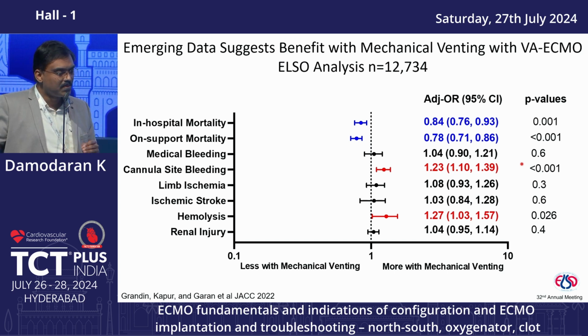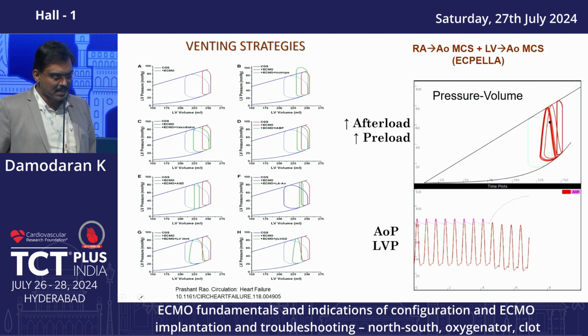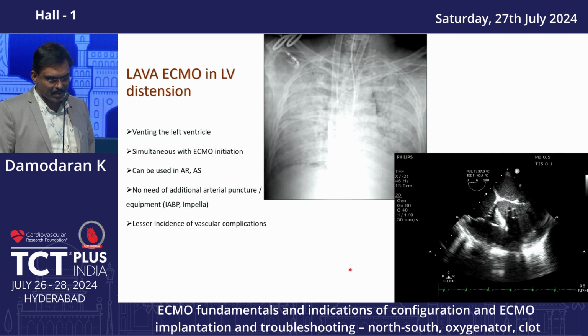And 90% of the venting was done only with IABP because it's real world. So IABP with the 50 cc is still a recommended strategy and depends on the amount of venting you want to do. Of these strategies, surgical venting and Impella are the ones which are really useful. I am overshooting, so I just finish with this, the LAVA ECMO.